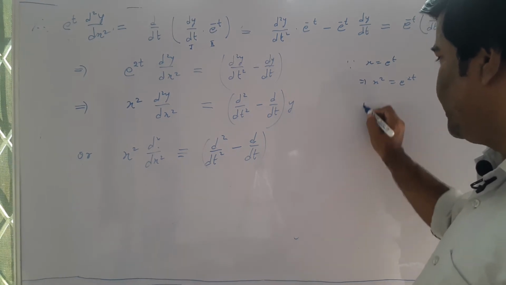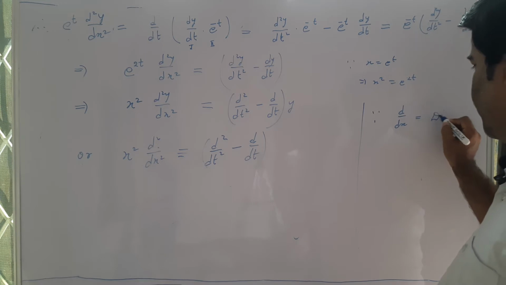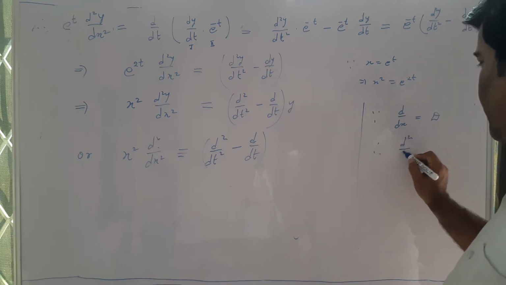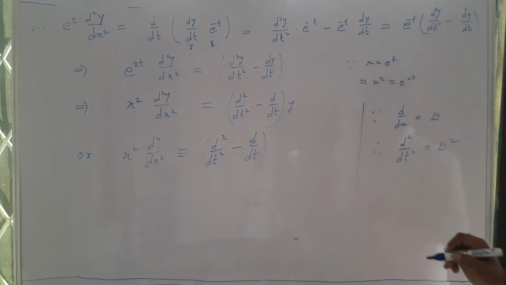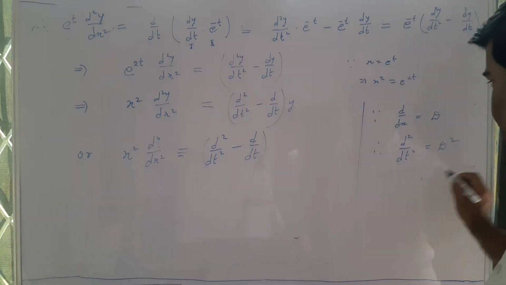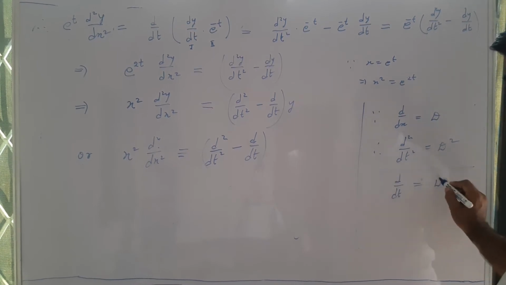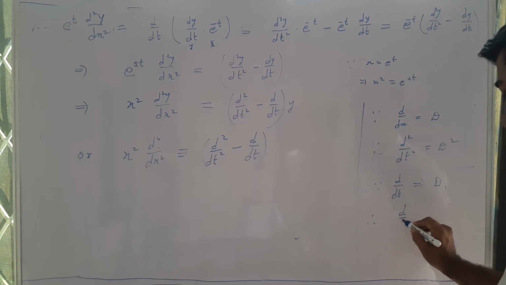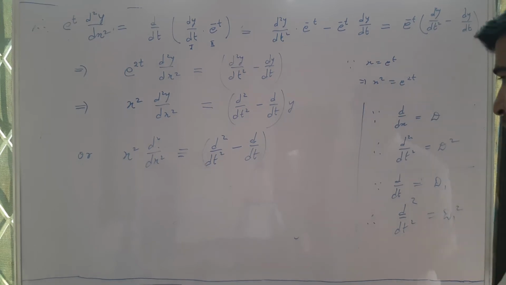Since we take d over dx as D, therefore d square over dx square is equal to D square, and we take d over dt as D1, so d square over dt square will be D1 square.